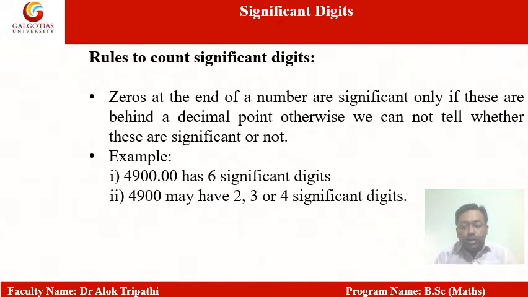Why? Because 0 is occurring behind the decimal places. So therefore this number has 6 significant digits, while the 4900 only, if it is written, then it may have uncertain significant digits. That may be 2, that may be 3, or that may be 4.